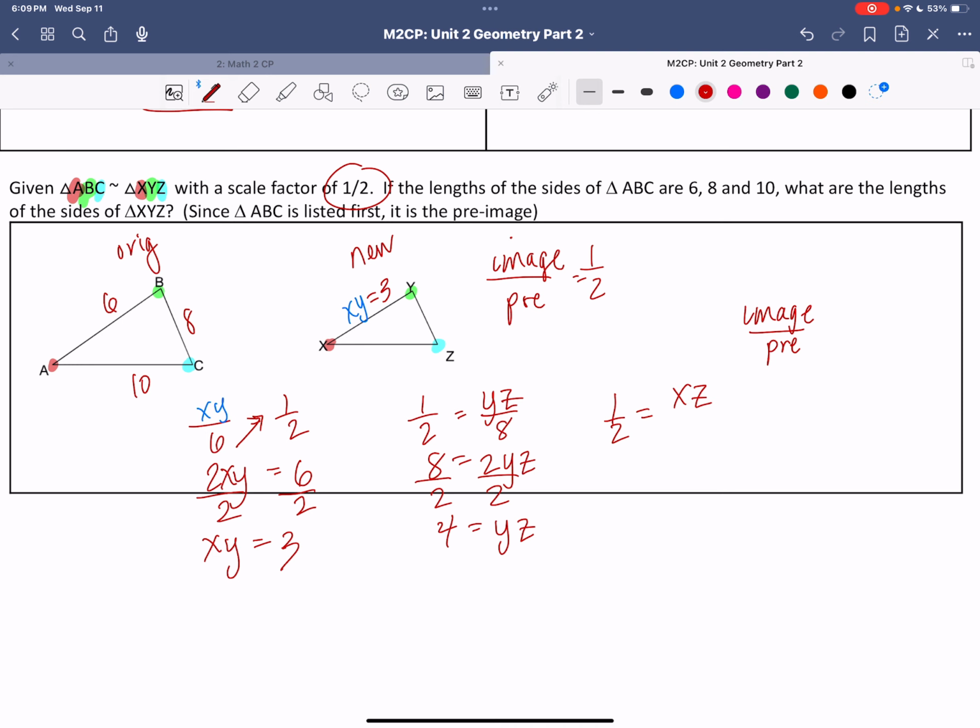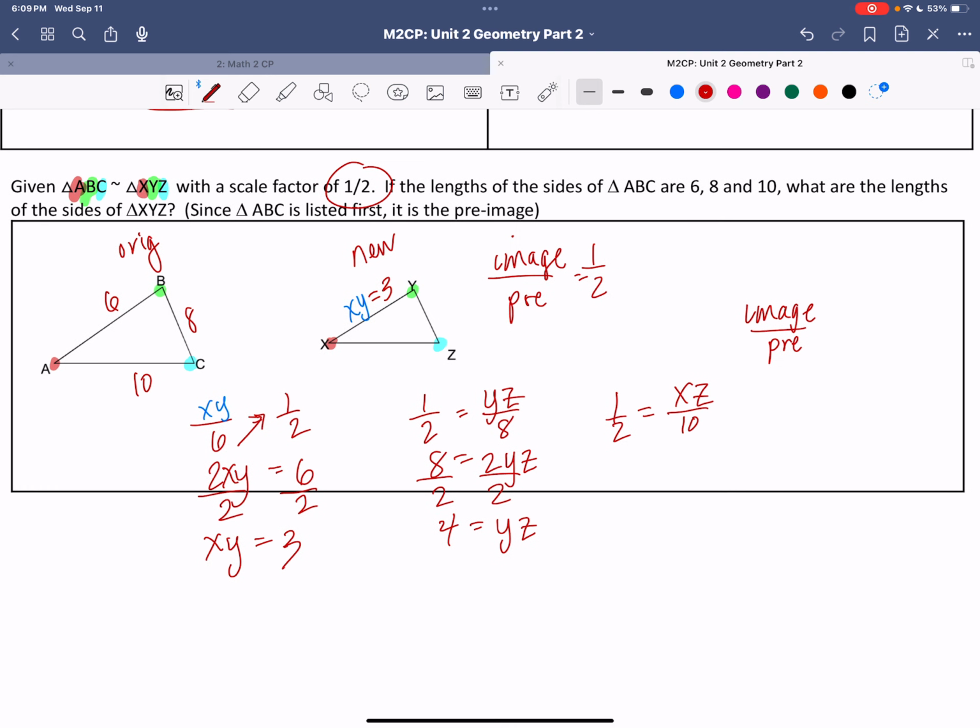So I did the long way. The easy way is just to multiply everything by 1/2. You would have gotten 5 is xz. So there you go. And so your 3 sides are 3, 4, and 5.